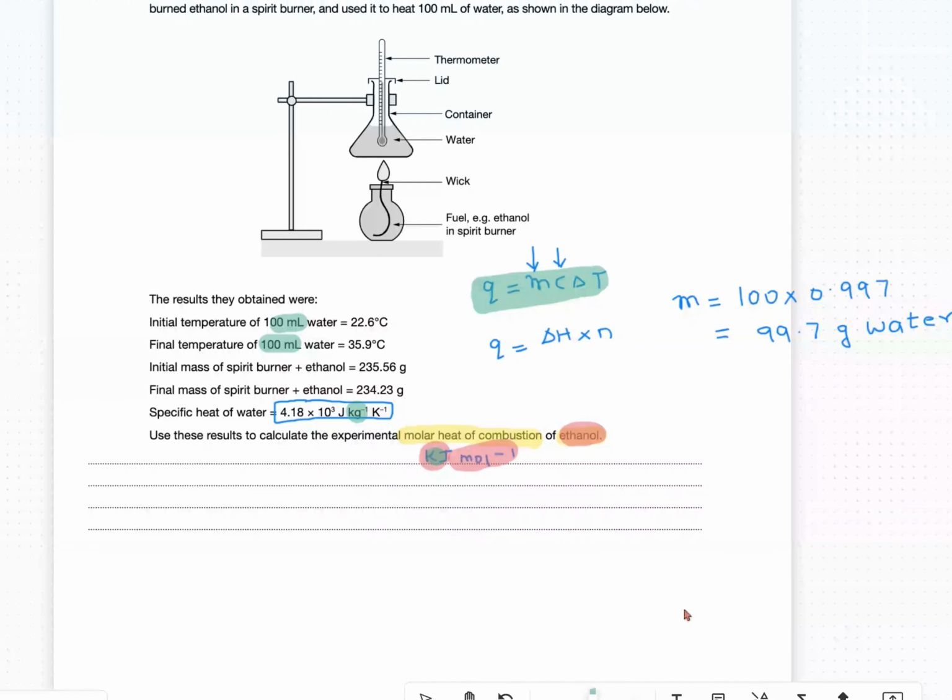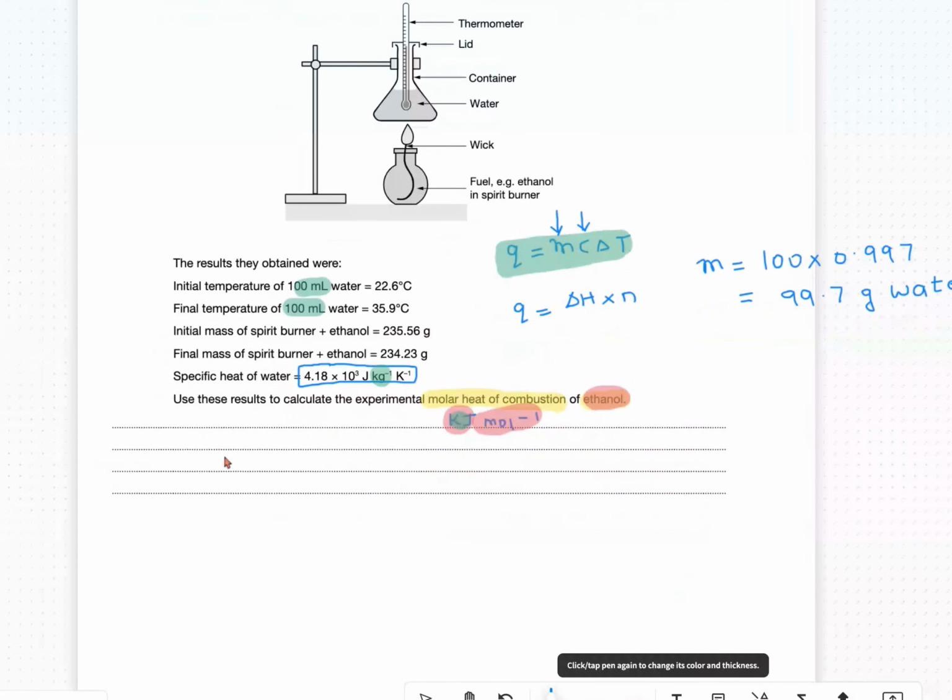Look at the unit. That's where they tried to confuse you by giving this value. So there are two ways to do it. Either you convert water into kilogram and use this value, or use gram and use the value that's given to you in the data booklet, 4.18, not 10 to the power 3.